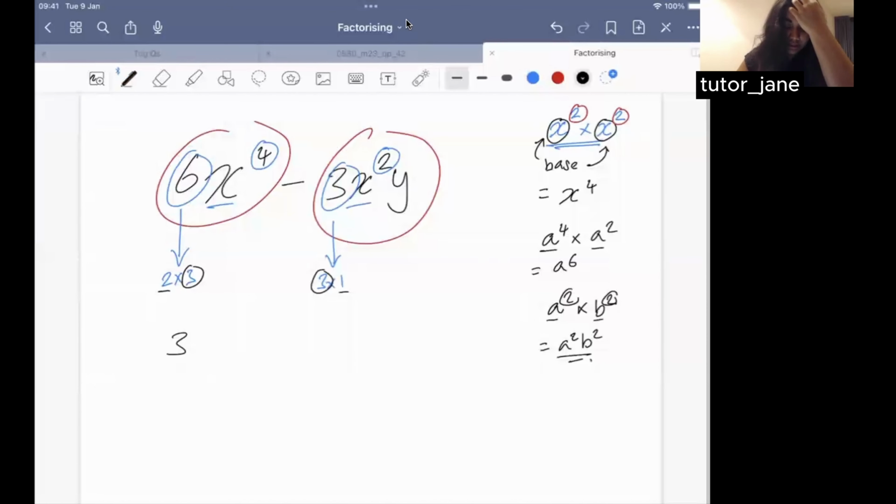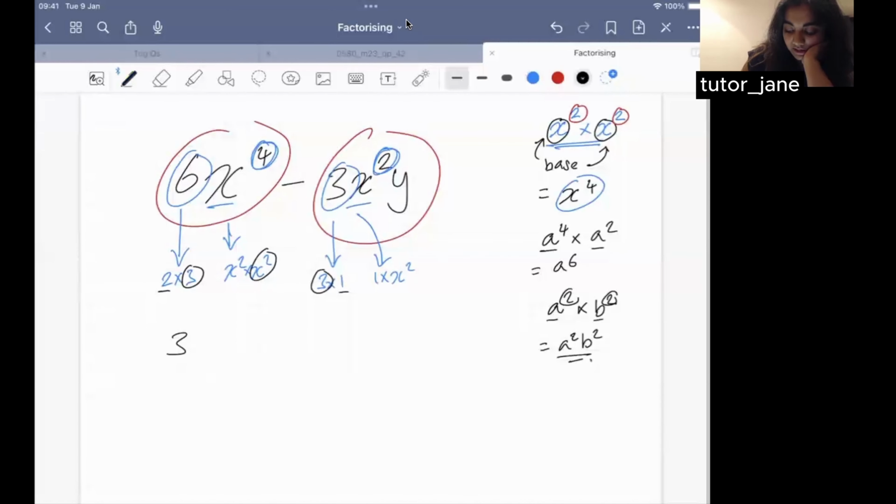So in this case, we've got an x to the power of 4 on the left, and we have an x squared here. So what we can do is actually we can take out an x squared, right? Because x to the power of 4 is just x squared times x squared, and x squared is 1 times x squared, right?